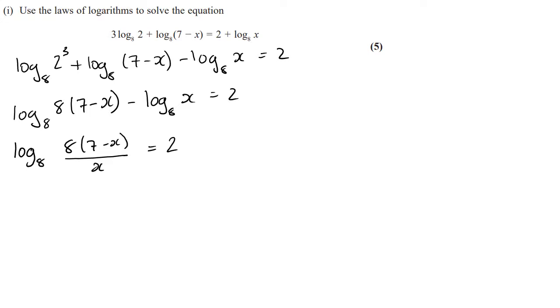Where we'd go from here is, we have the base to the power of what it is equal to, equal to what is in the bracket. So 8 squared is equal to 8, 7 minus x over x.